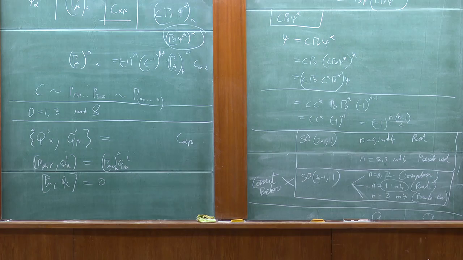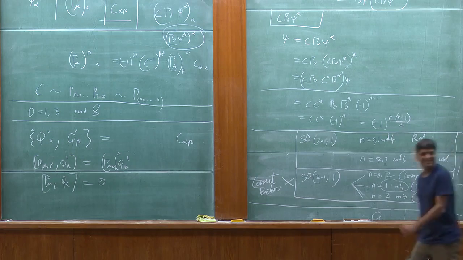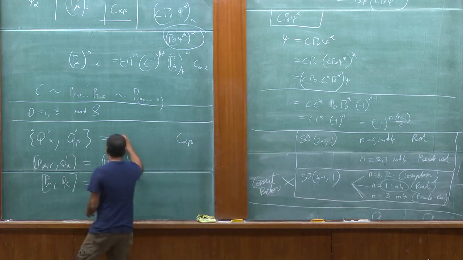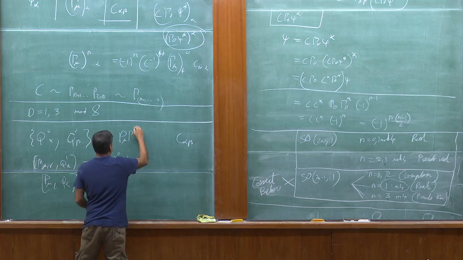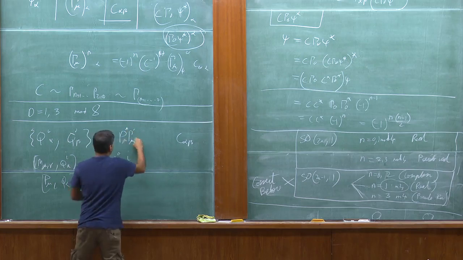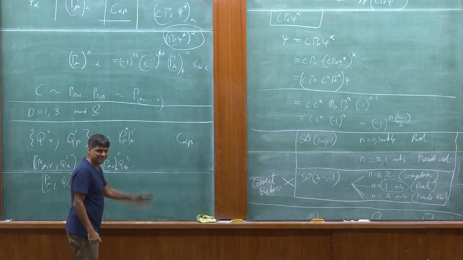P. Now, what about P? What's the deal with P? P is a vector. We've got spinor indices. So what should we do? There you go. So we could try to do the following. We can try to write P_mu gamma^mu, which henceforth we'll write as P slash.